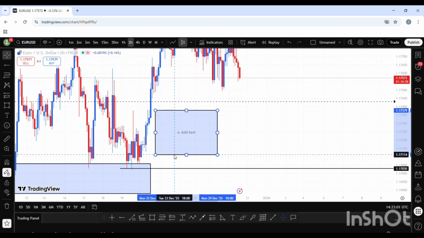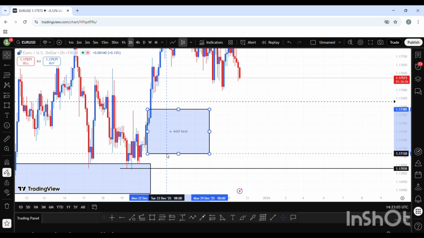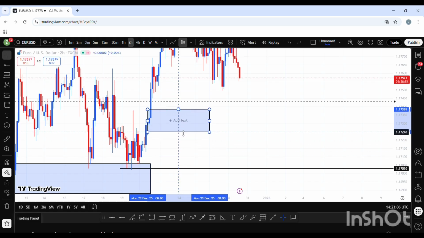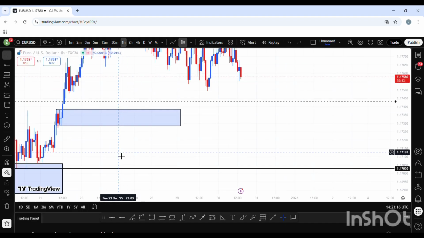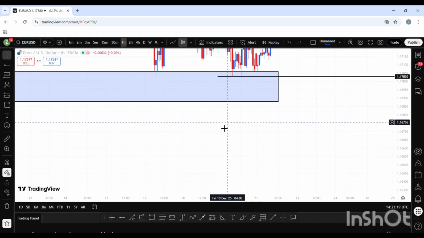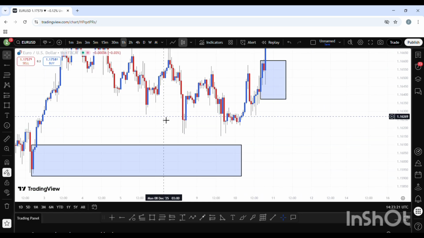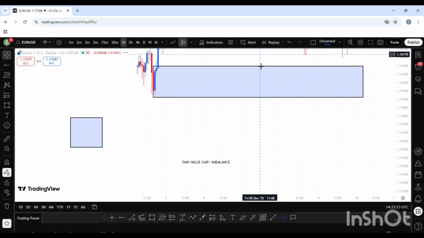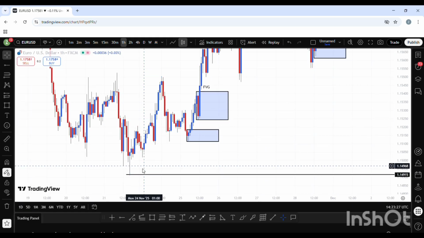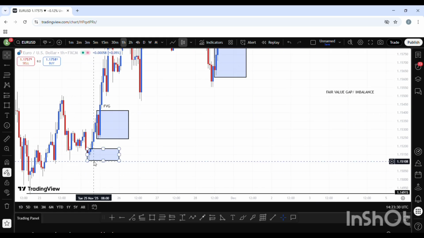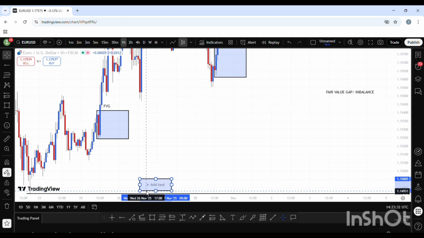Okay, so here, this is where the order block is. As you can see, between the order block and the line at the bottom, there is so much space. And I imagine if you placed your trade at the order block, then you have to extend your stop loss so that it accommodates everything.